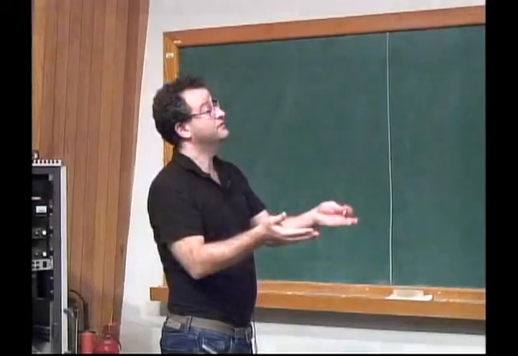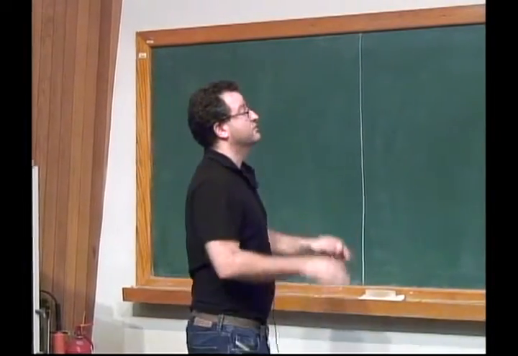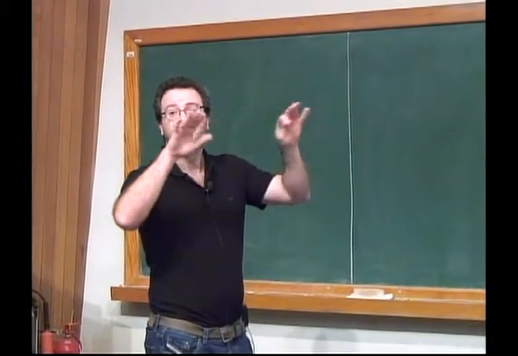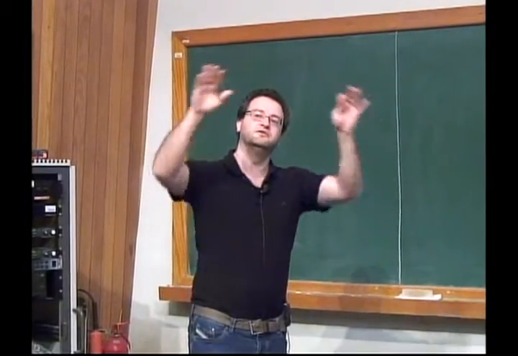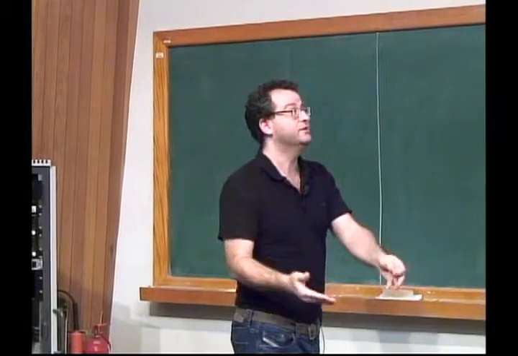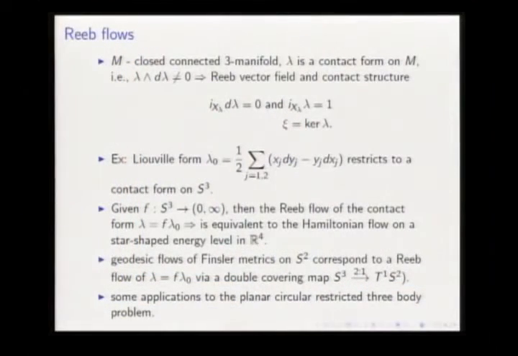The Reeb vector fields of all these other contact forms parameterize the Hamiltonian vector field on a regular star-shaped energy level in R4. Also, you can lift the geodesic flow on S2 to this type of contact form, and study the geodesic flow on a star-shaped energy level which is symmetric with this type of form.